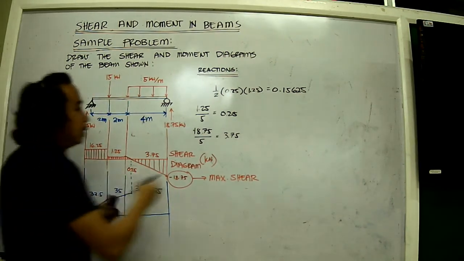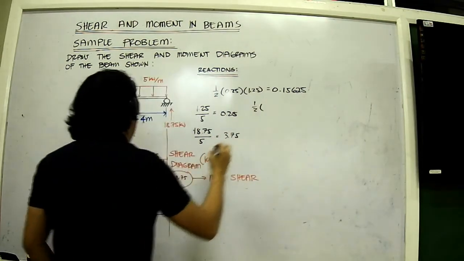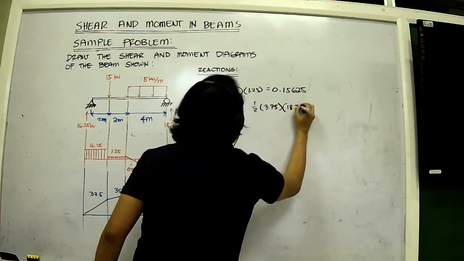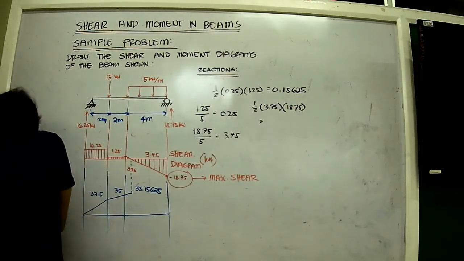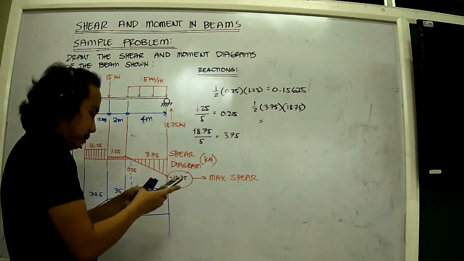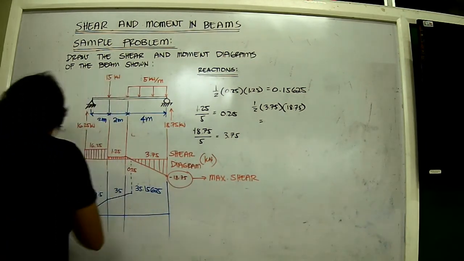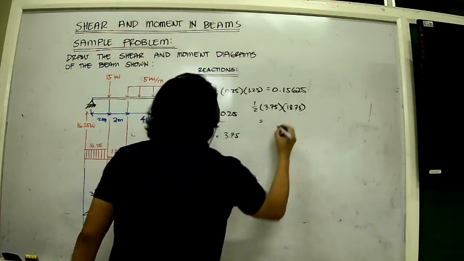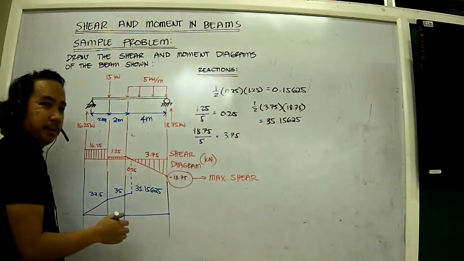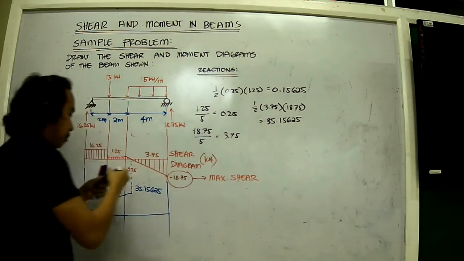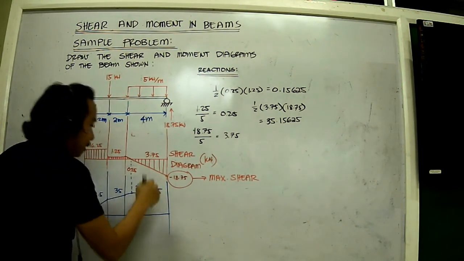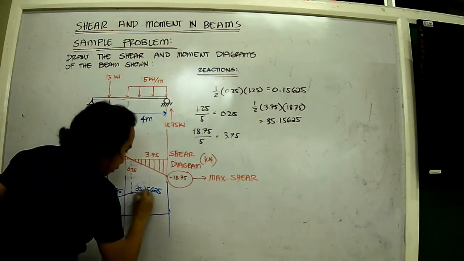That should be equal to 1/2 base times height, which is 18.75 times 3.75, equal to 35.15625. So this minus this should be equal to 0. This part is small and this part is larger, so that's the shape of the moment diagram on the beam.